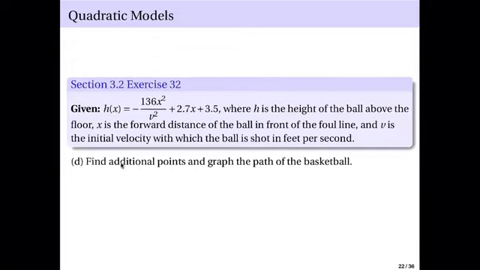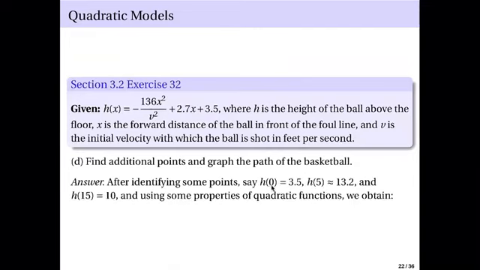And then here, find additional points and graph the path of the basketball. So maybe we can use h of 0. Okay, it's 3.5. When x equals 0, you just have your 3.5 here. H of 5 is roughly 13.2.